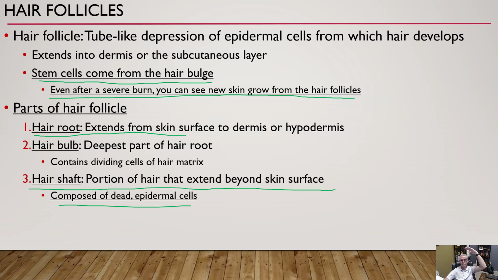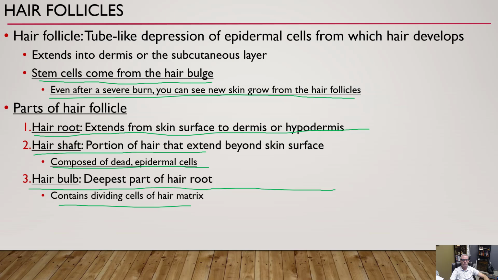It goes from the surface of your skin into the dermis or the hypodermis. And then we have this thing called a hair bulb, and that's the deepest part of the hair root. That is where the dividing cells of the hair matrix are, so that your hair will grow.